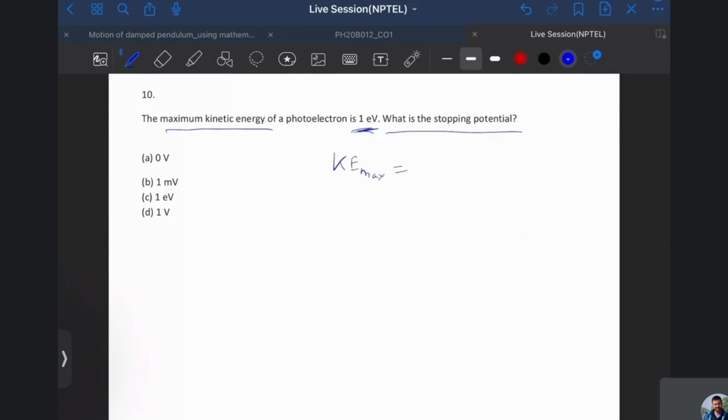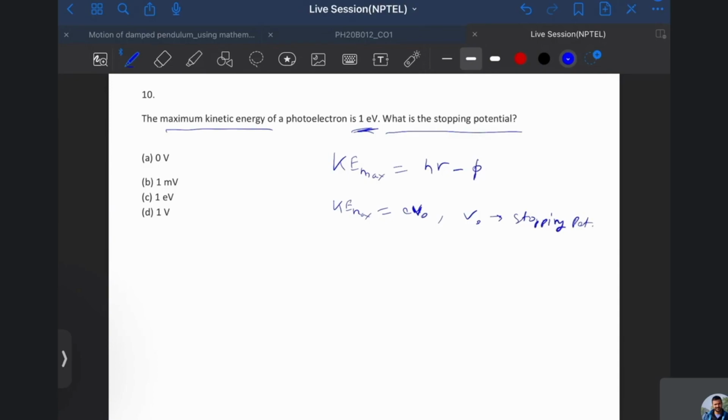KE max is equal to h nu minus the work function, correct? And also KE max is equal to eV naught, where V naught is the stopping potential. Correct?